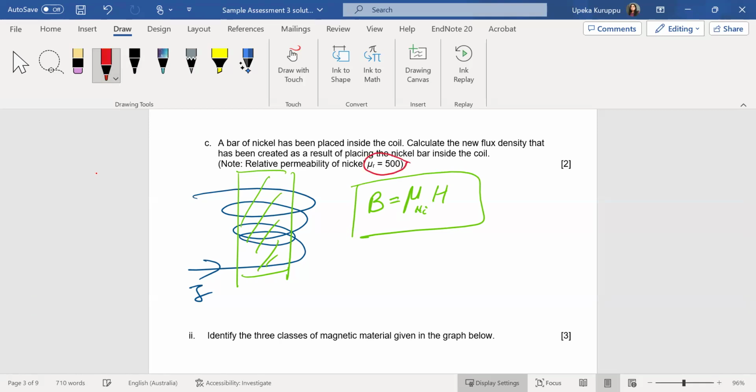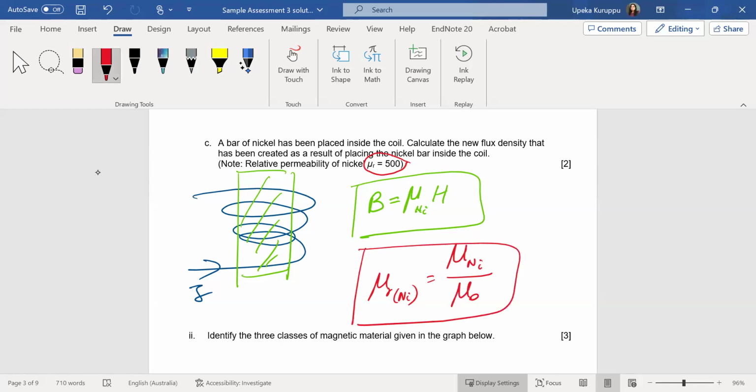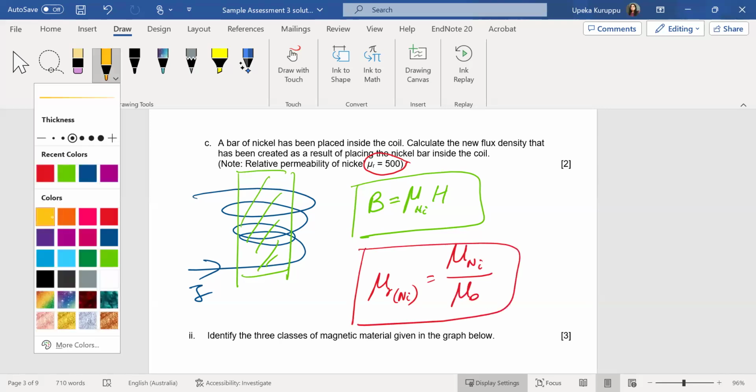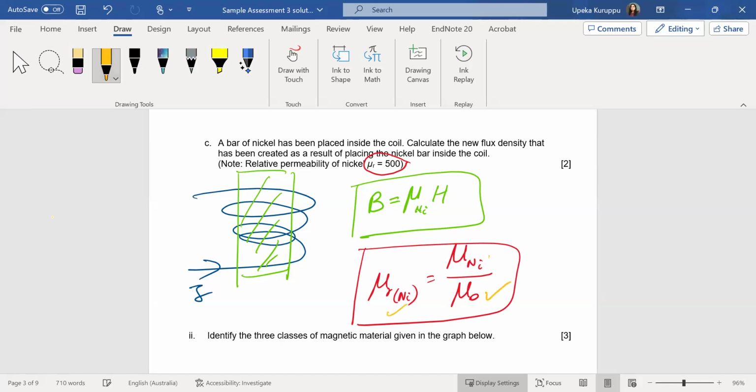What do we mean by relative permeability? Relative permeability of nickel is equal to permeability of nickel divided by the permeability of vacuum. The permeability of vacuum is already known, and the relative permeability of nickel is given to you. So you can find this one, put that in the equation, and find B. Can you do that?